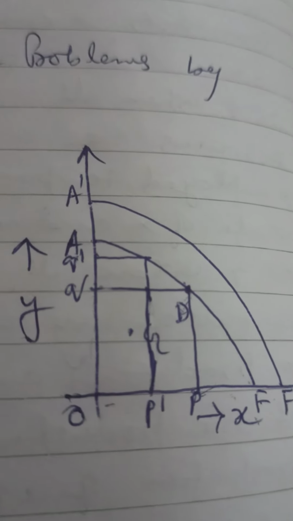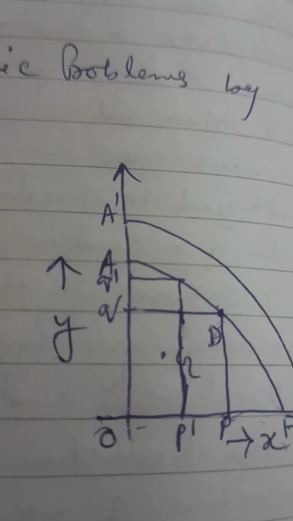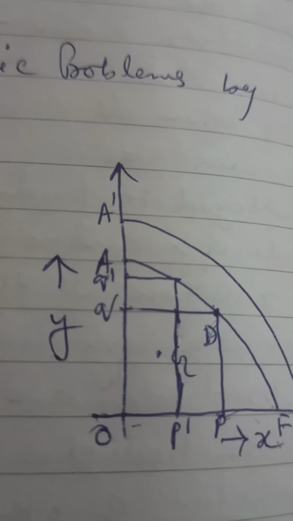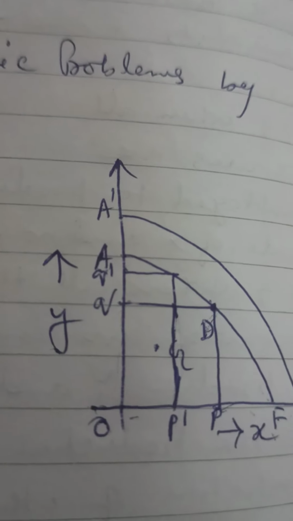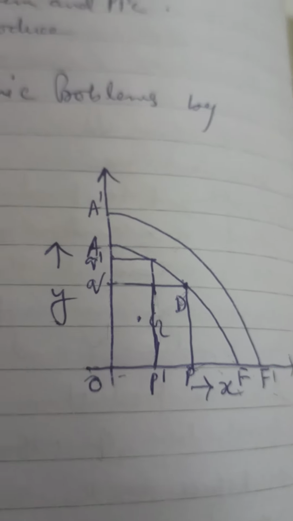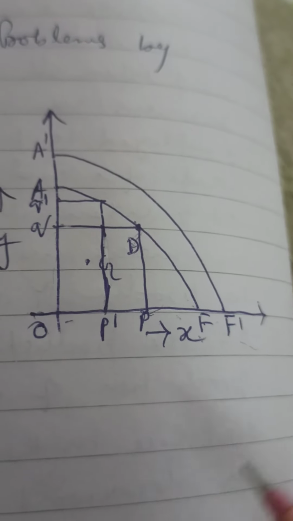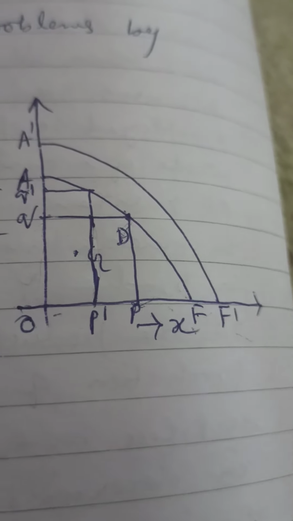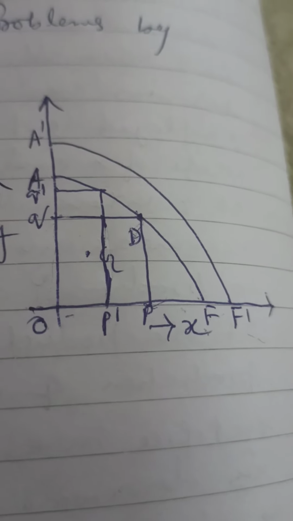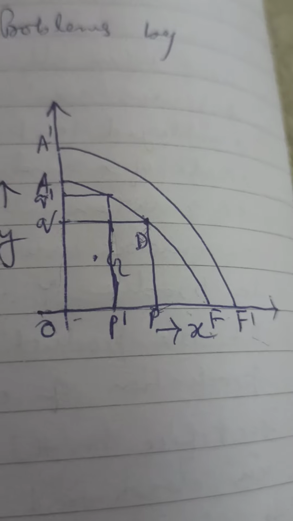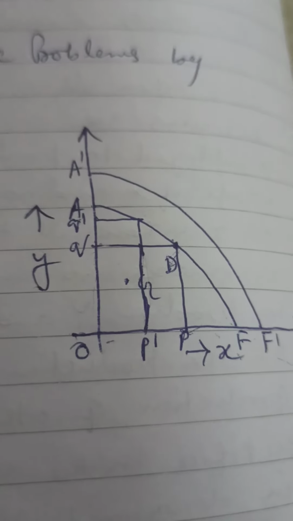Now, to produce this combination of X and Y, the resources will have to be allocated to the production of X and Y. If we are going to operate at point D and produce OP amount of X and OQ amount of Y, we will have to allocate the resources on that basis.